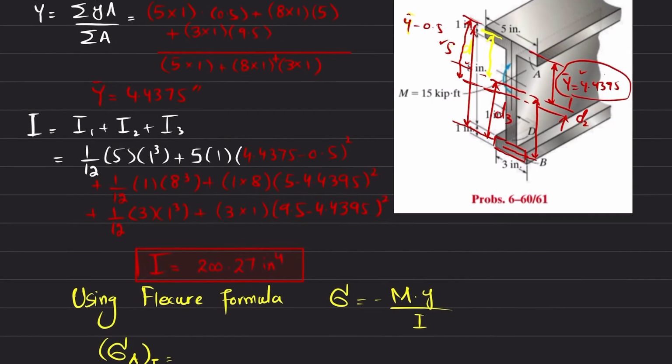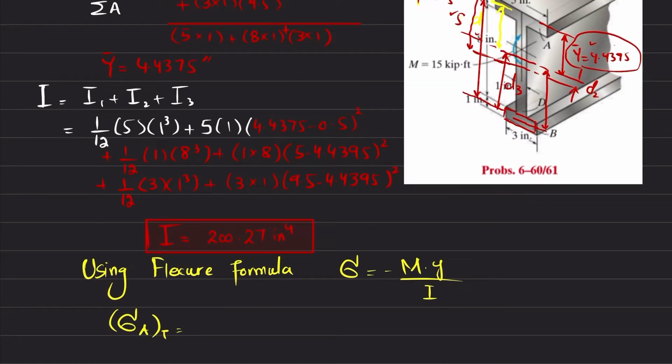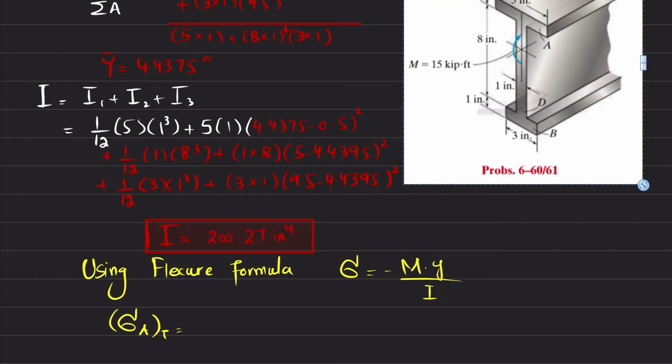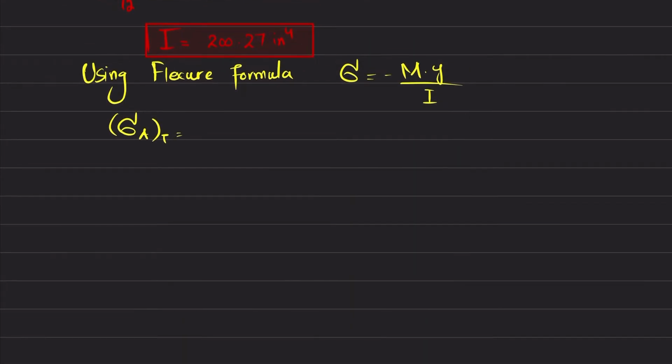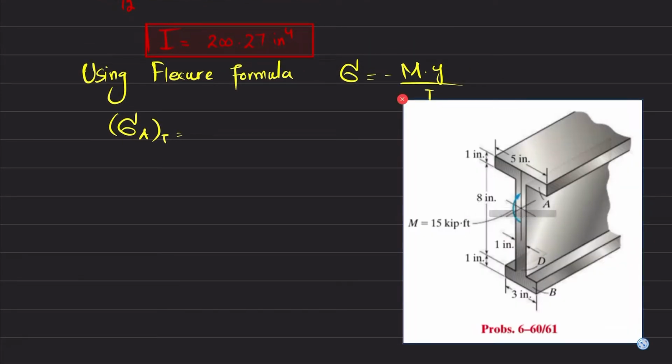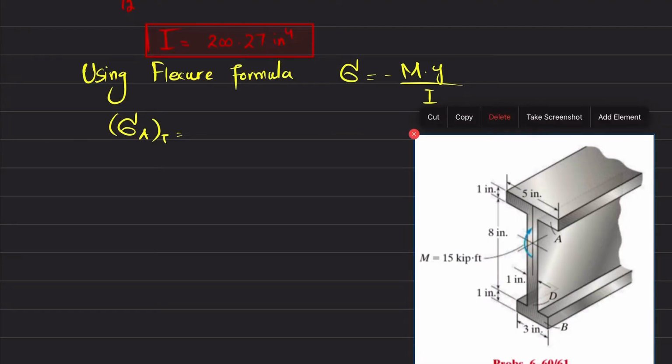I will copy this and paste it downward so that you can get a clear picture. So basically I am talking about this flange top surface. Clear?